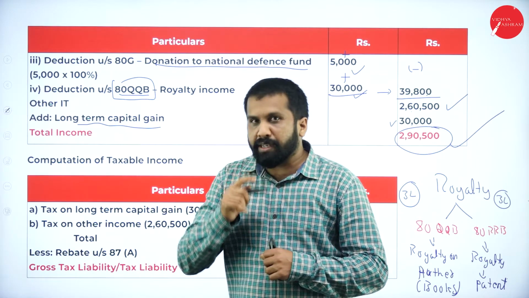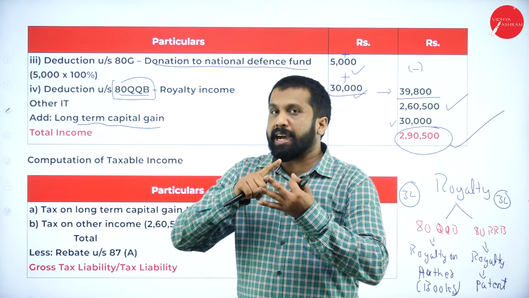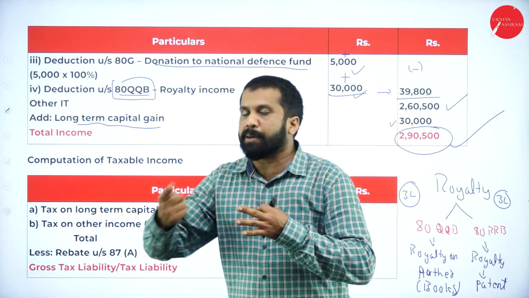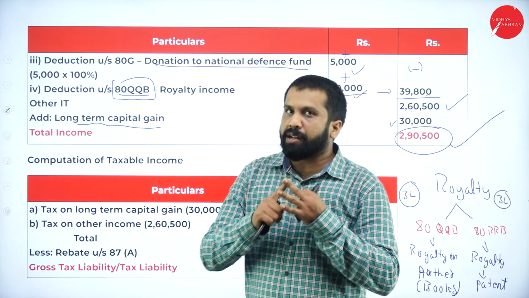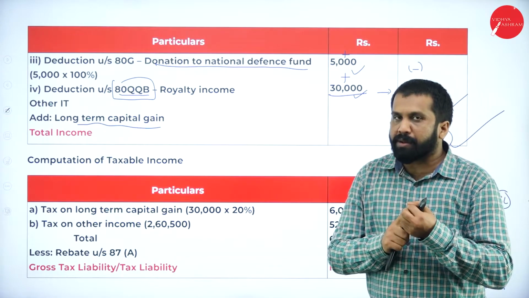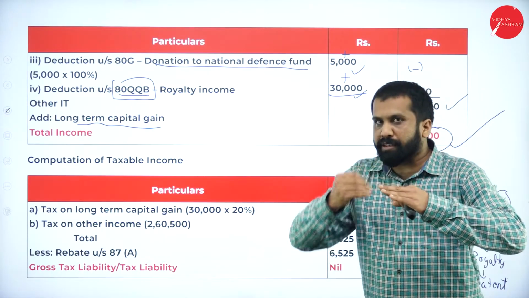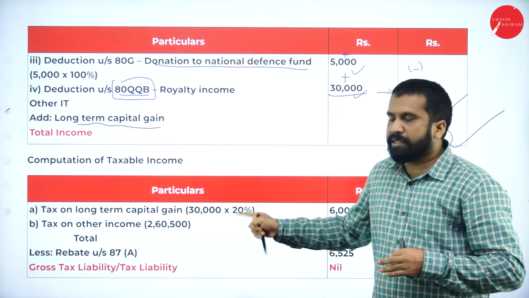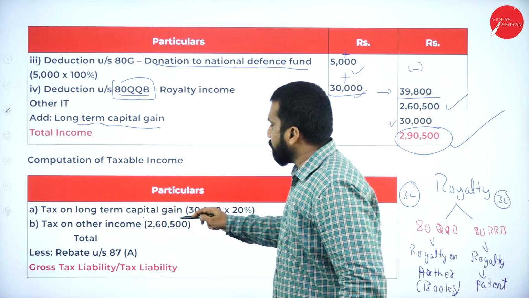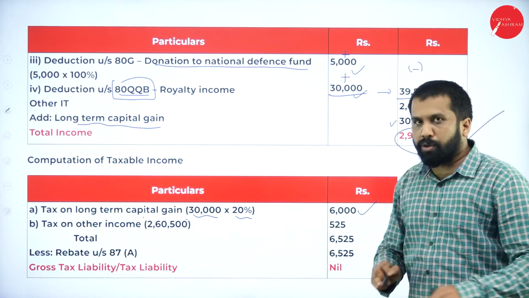Now, if we have horse race, lottery, and long-term capital gain, we calculate tax separately. Later, for the rest of the things, we'll go for the slab. Tax on long-term capital gain: 30,000 into 20%, 6,000 over.